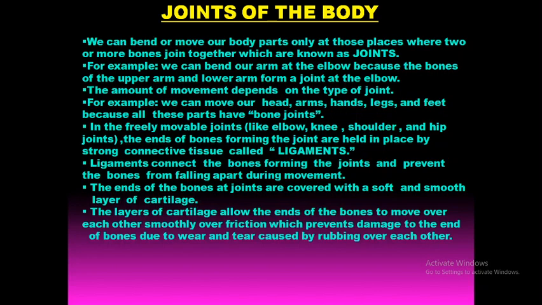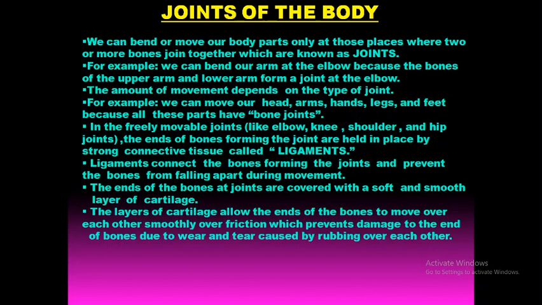Now, the elbow, shoulder, and hip joints are known as freely movable joints. That means we can move them freely. The ends of the bones forming the joint are held in place by a strong connective tissue called ligaments. So what is a ligament?